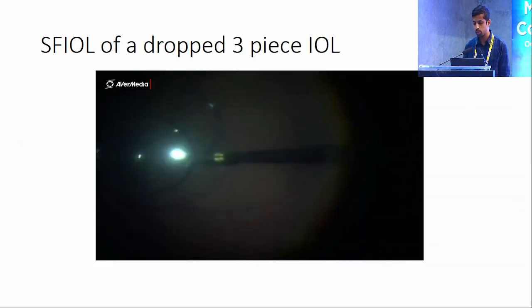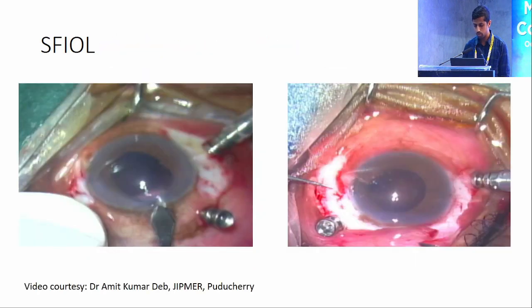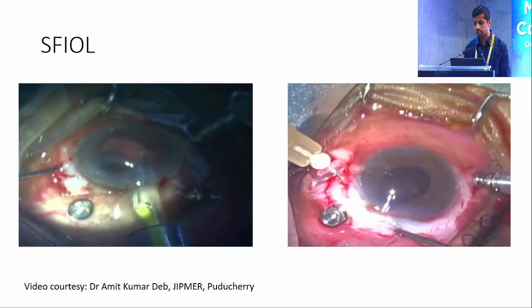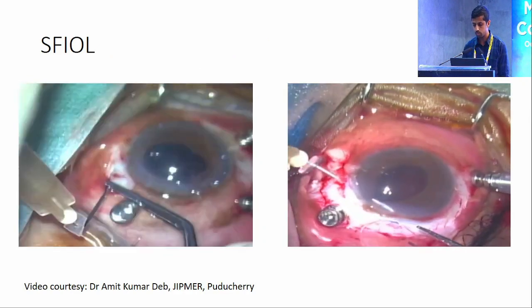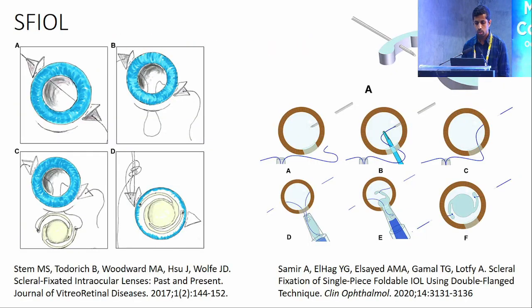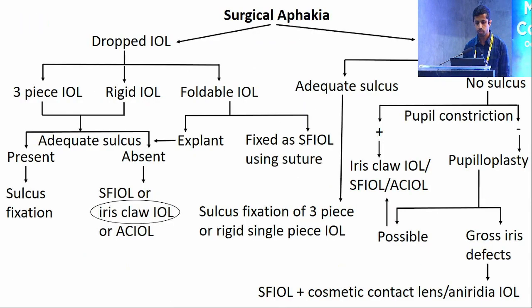This is another video which is showing a rigid IOL which is placed using an Exnic technique. There are various other methods like Prolene suture fixation, and this is a flange technique of SFL fixation.